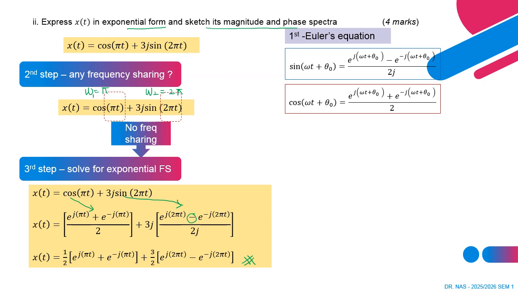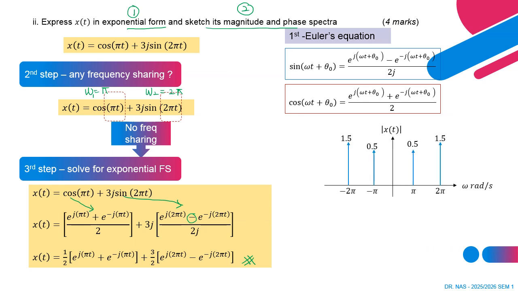So next, don't forget you have two questions to answer. This is the first one, and the second one is sketch. Once you have the equation in exponential form, then you can sketch the magnitude of the signal.